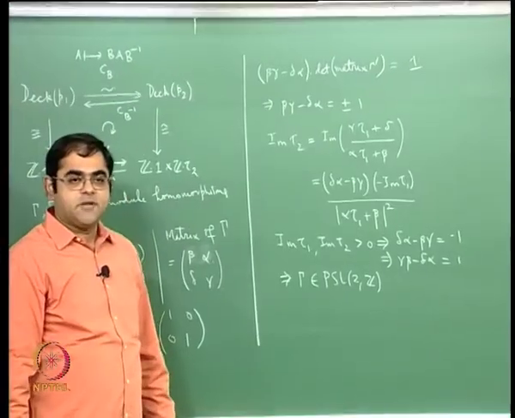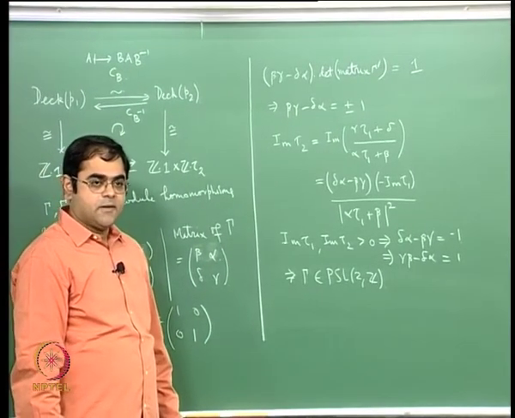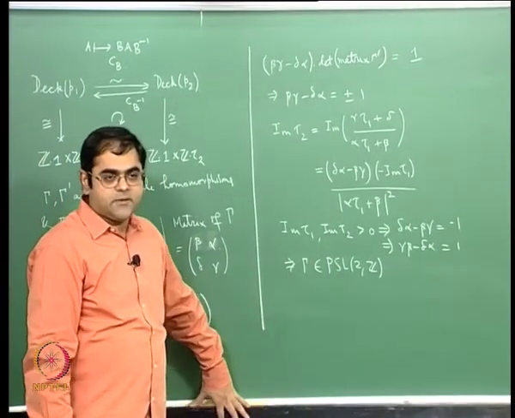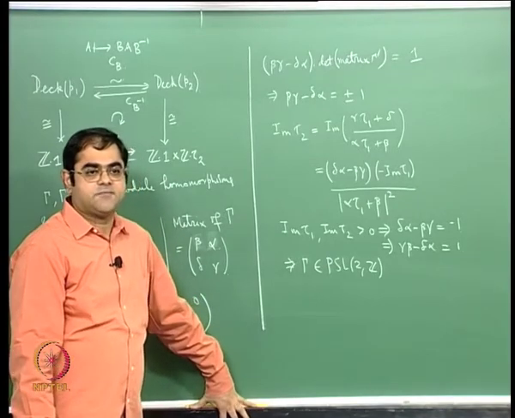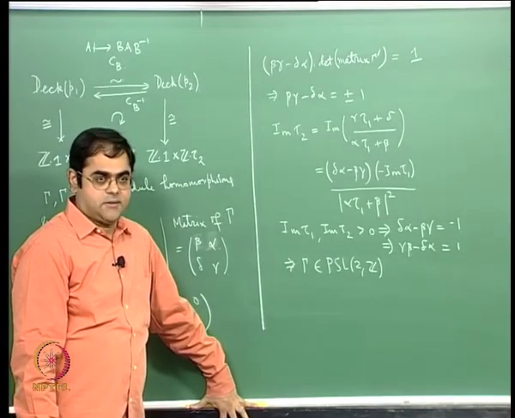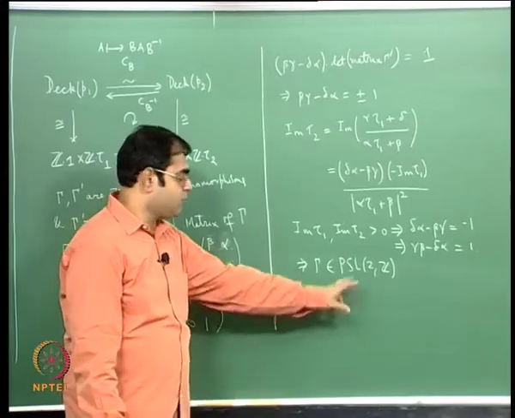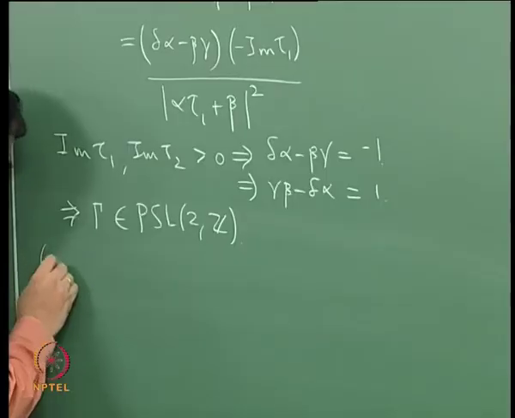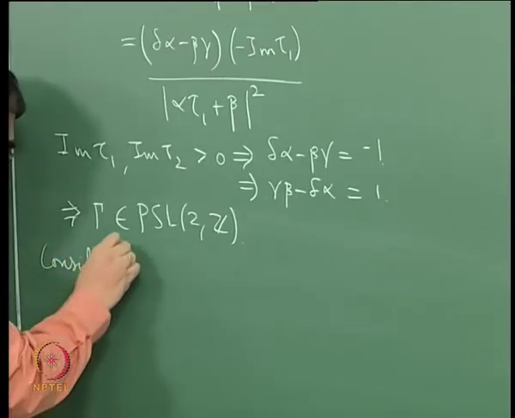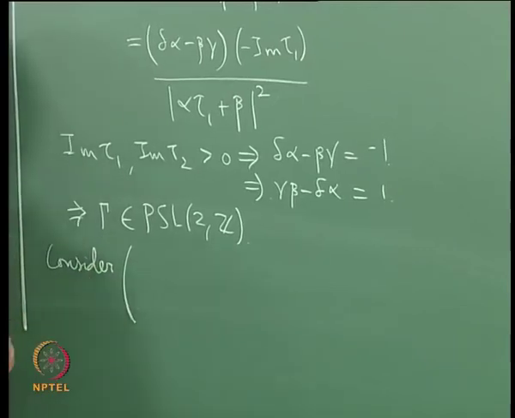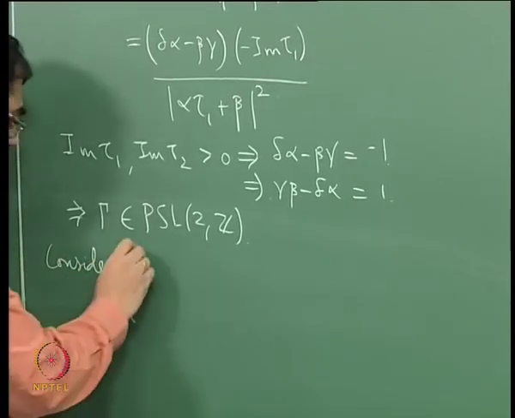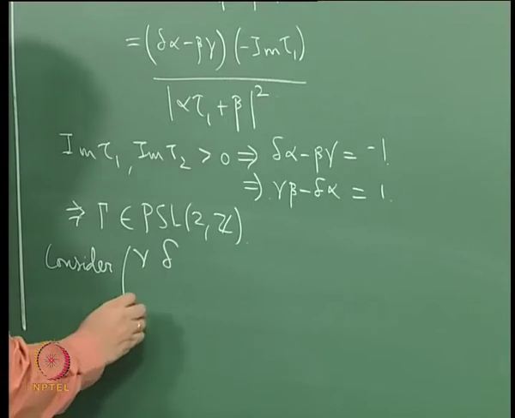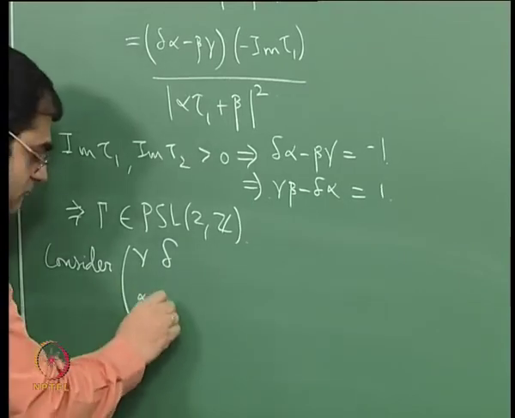So gamma is an element of PSL2, it is an element of SL2, and you can take its image in the quotient group PSL2. Let us consider the following thing: gamma delta alpha beta.